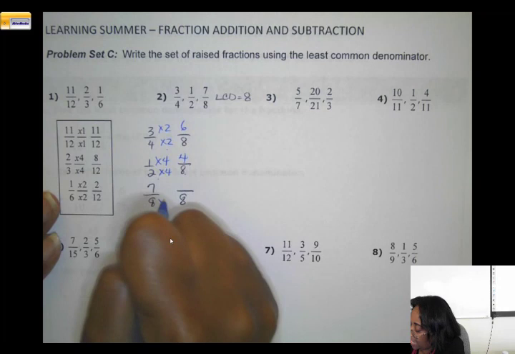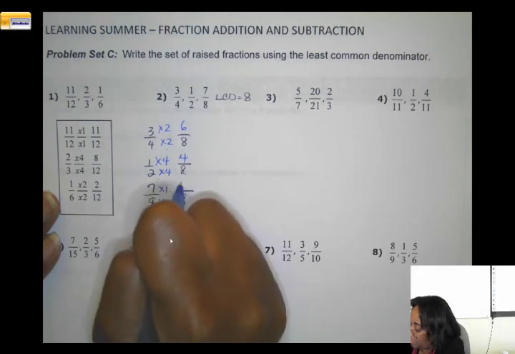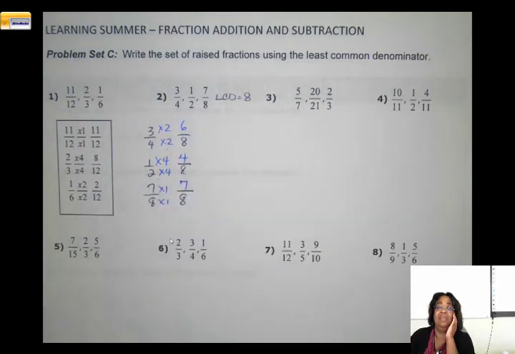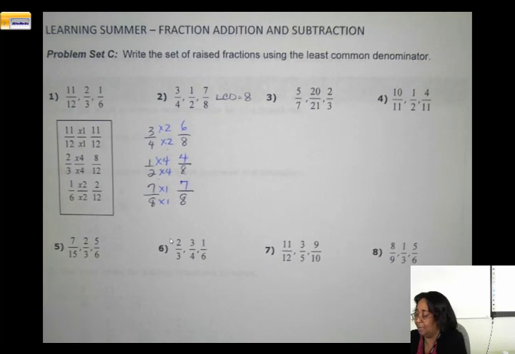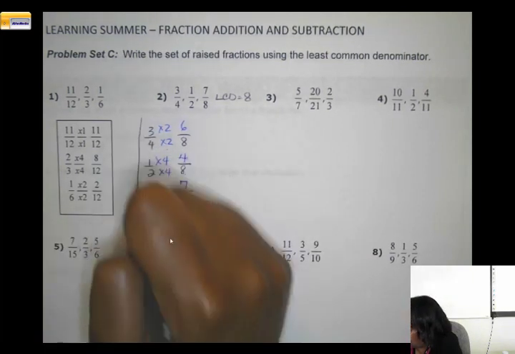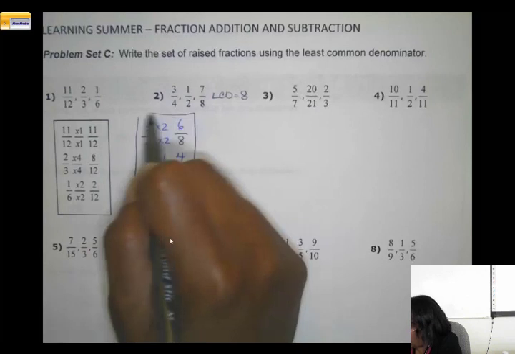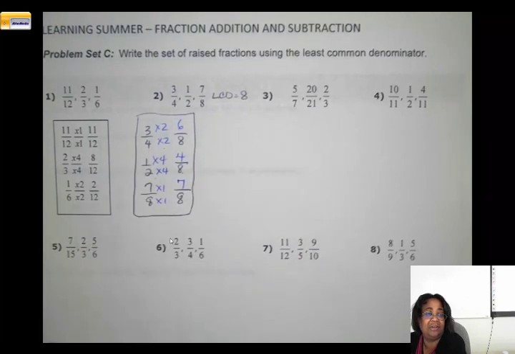And we already have 8 on this one, so I'm just going to do it by 1. And we have 7/8. This is the entire process there. You find out what your LCD is and you raise the fraction to that number. Okay?